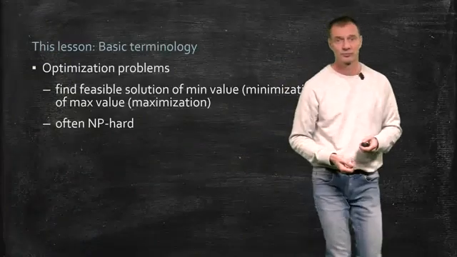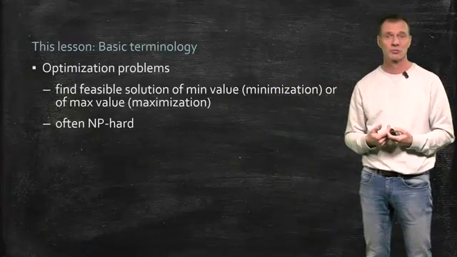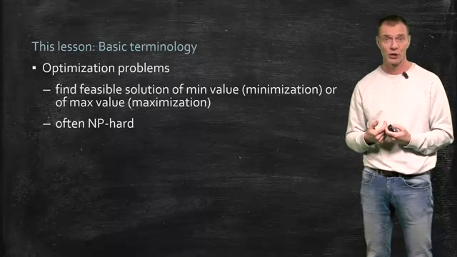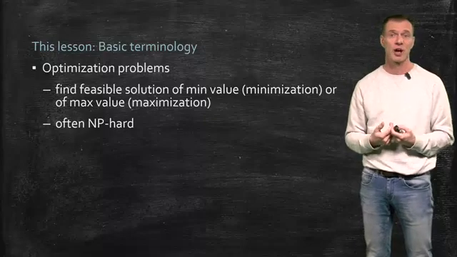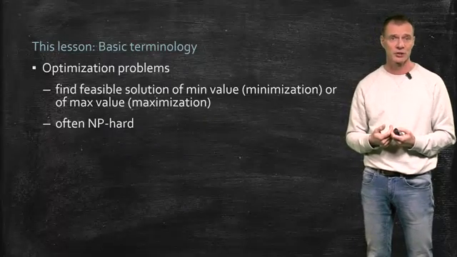Okay, so let's summarize. What we've seen is what optimization problems are, and why we actually need to work with approximation algorithms: because most of the time these optimization problems are NP-hard.